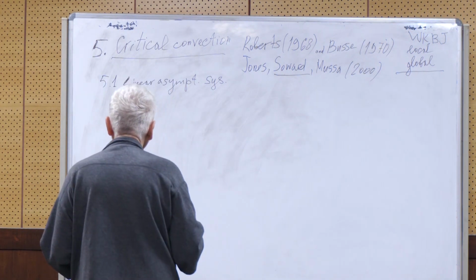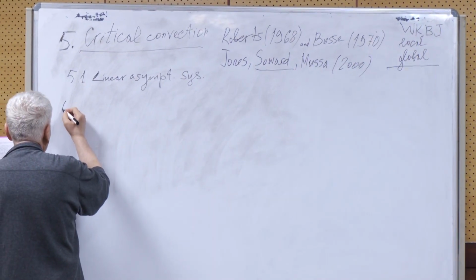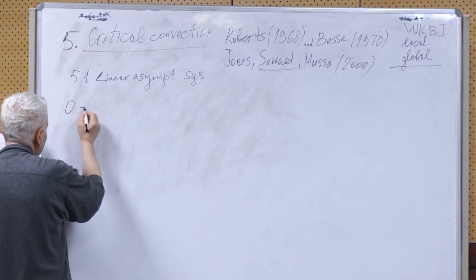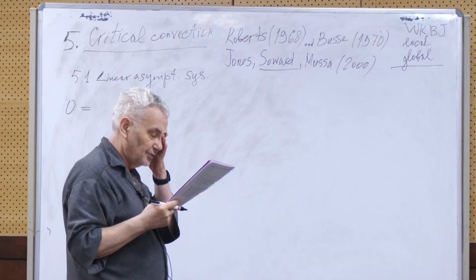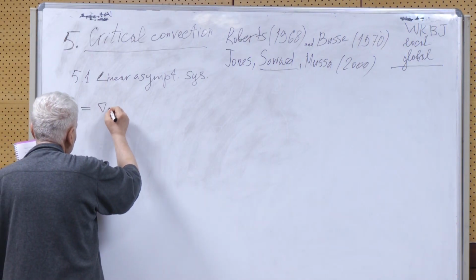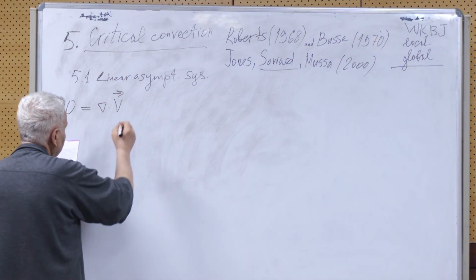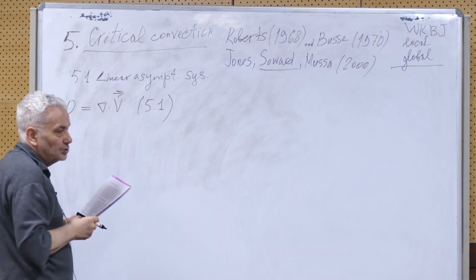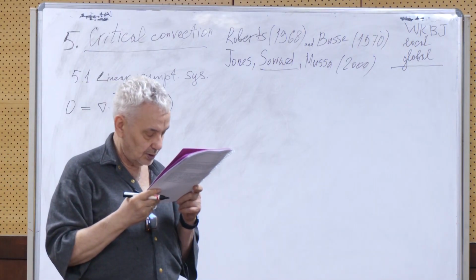Instead of all the substantial derivatives, we put zero, totally neglecting the sound effect and sound waves. It's simply divergence of V equal to zero, and this constitutes the first equation in this chapter. This is, of course, a very simple condition, but nevertheless it allows us to reach some results.